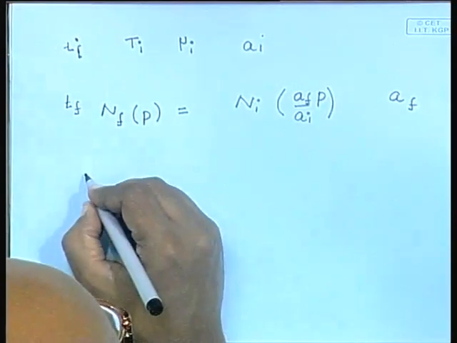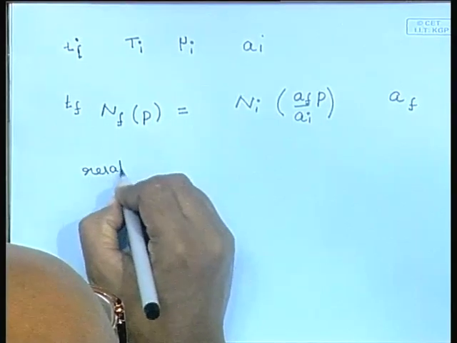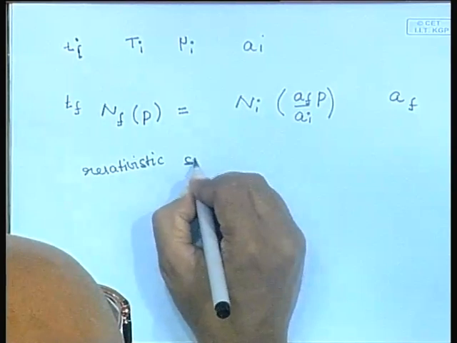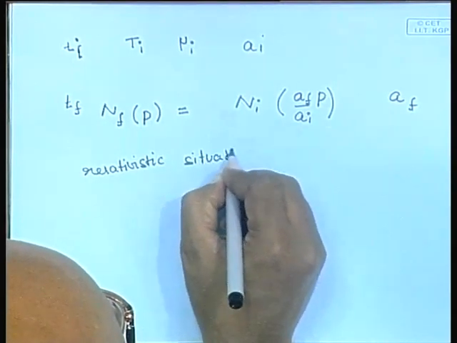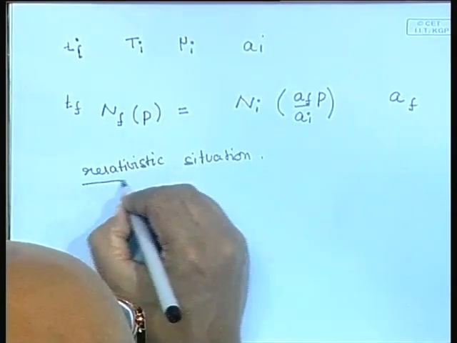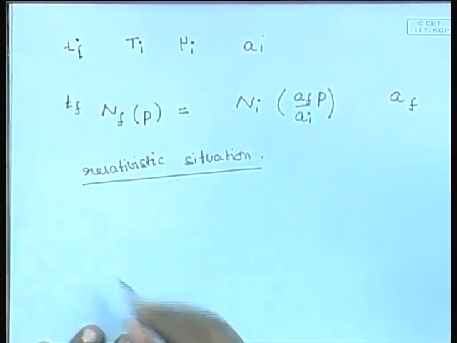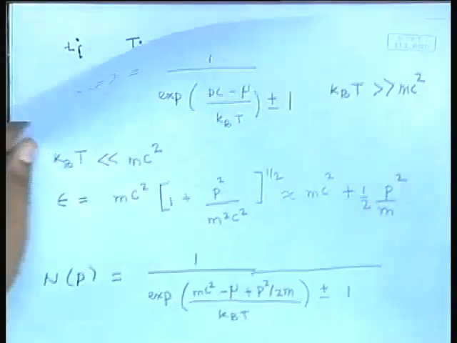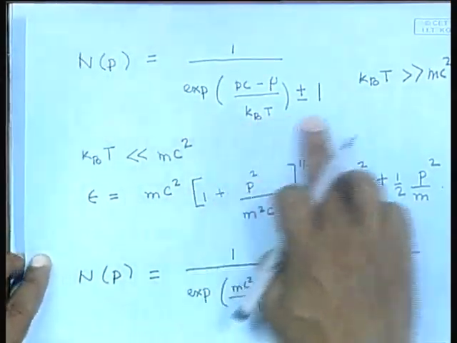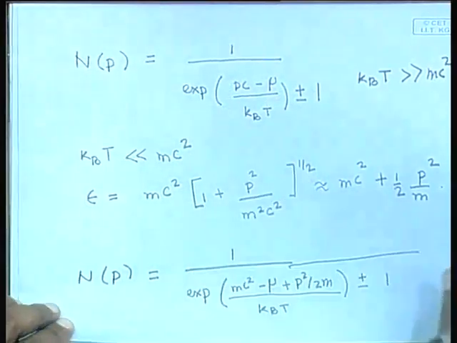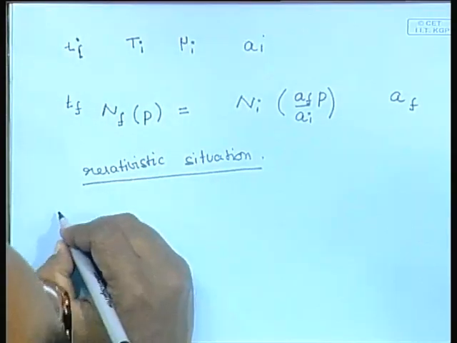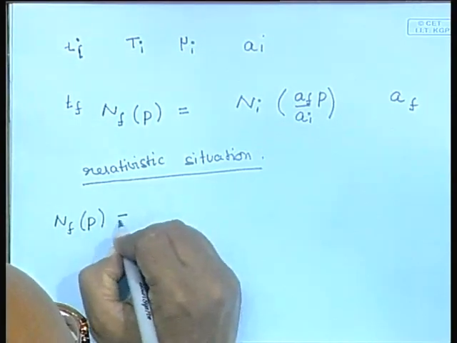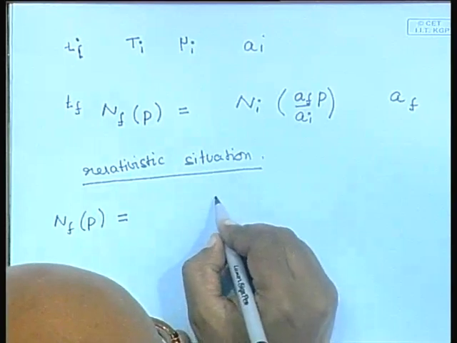And for the relativistic situation, here the final distribution function, the final distribution of occupation numbers, can be written like this.